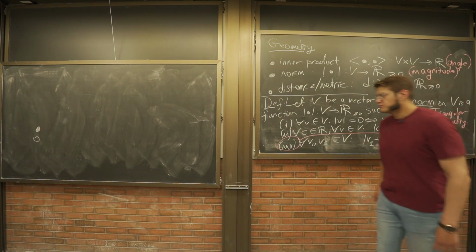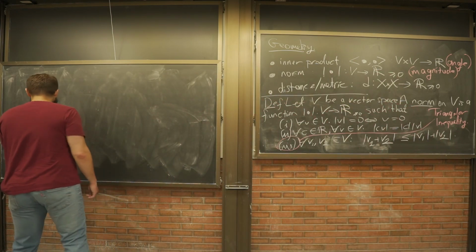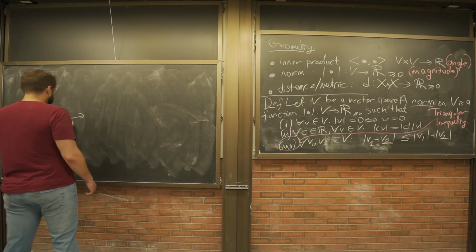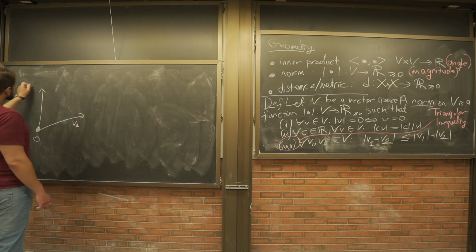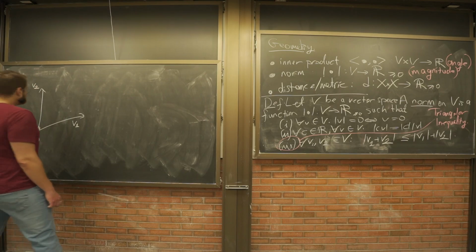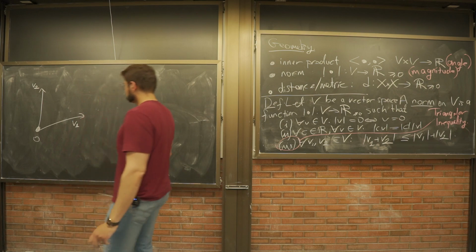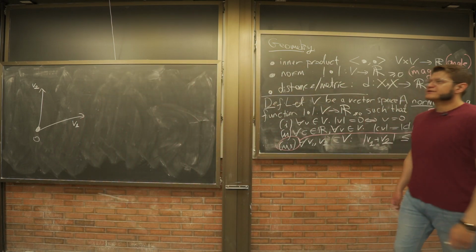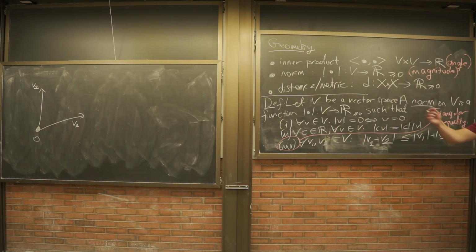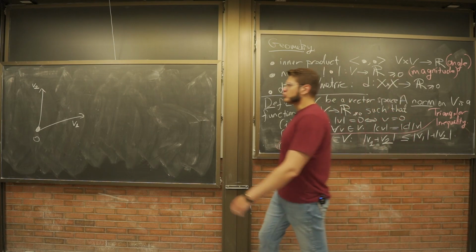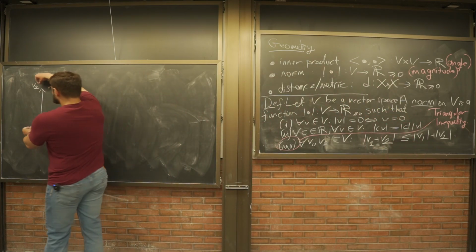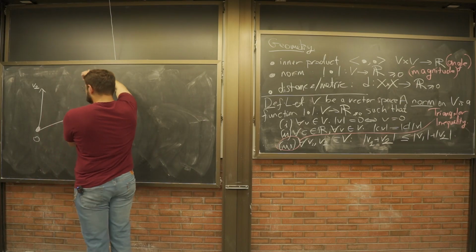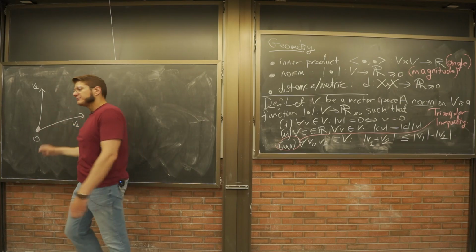I have V1 pointing in some direction, let's say here. That's my V1. This is V2. And then, of course, I hope you know that if I'm imagining vectors to be arrows like this, emanating from the origin, vector addition just corresponds to adjoining this arrow to the end of this other arrow to get the sum.